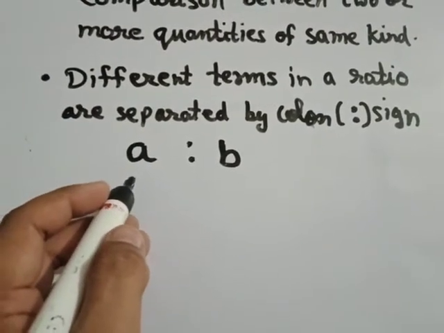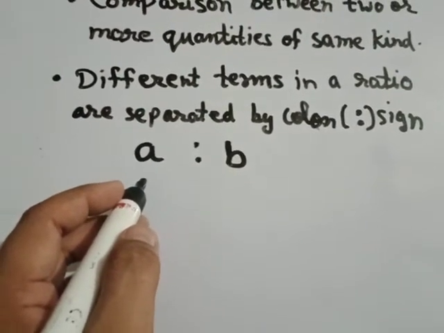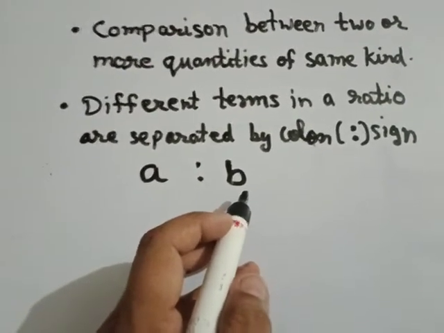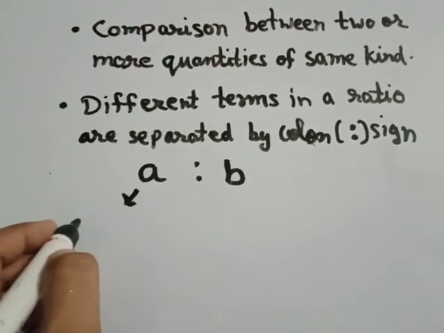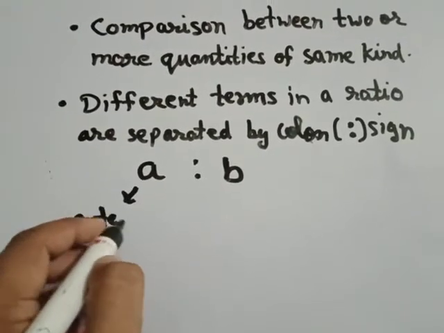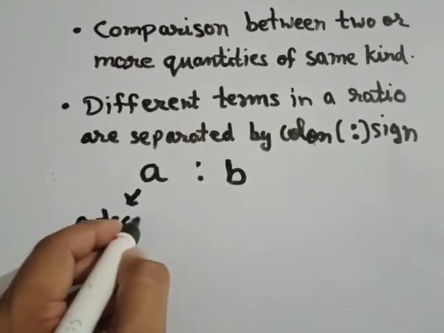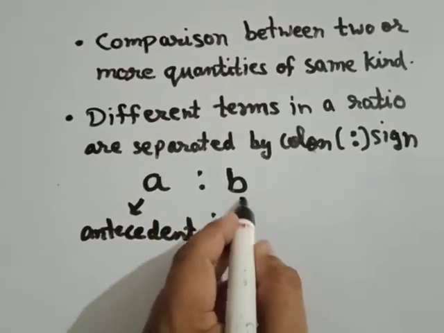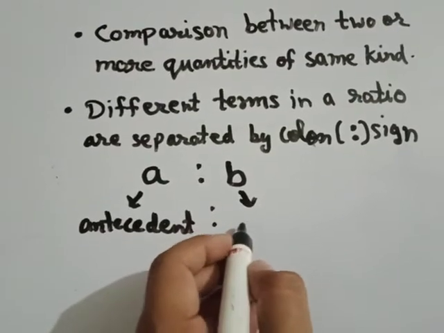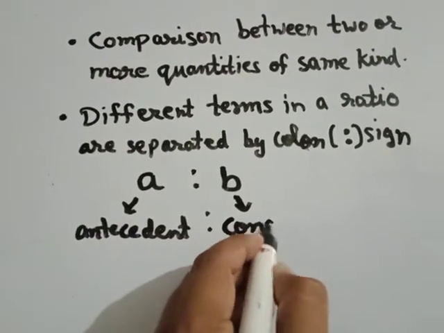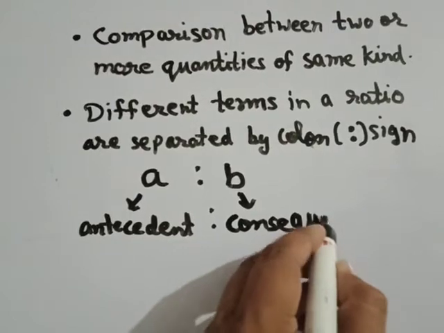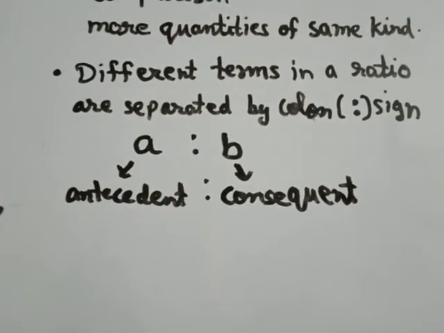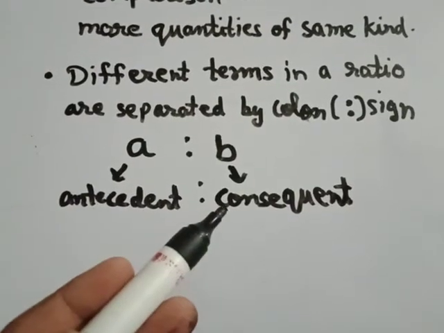The first term is called antecedent and the second term is called consequent. So a ratio having two terms, the first term is antecedent and the second is consequent.